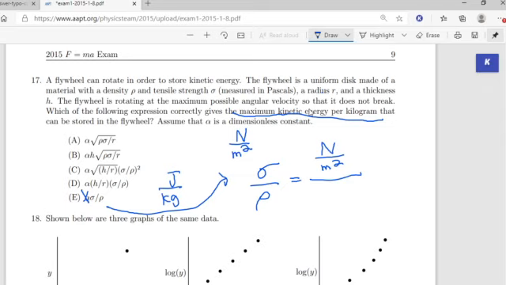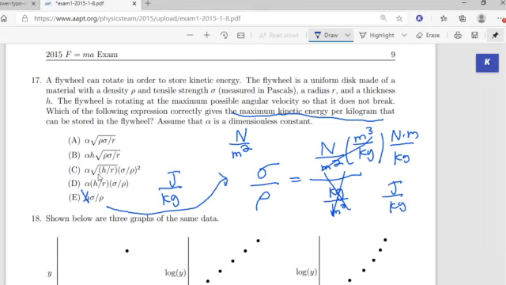And rho is density, which is mass over volume, which is kilograms over meters cubed. In other words, we have newtons over meters squared times meters cubed over kilograms, and we have newton meters over kilograms, which is actually joules over kilograms. And since the rest of these don't seem to match up, I think this should be the correct answer.